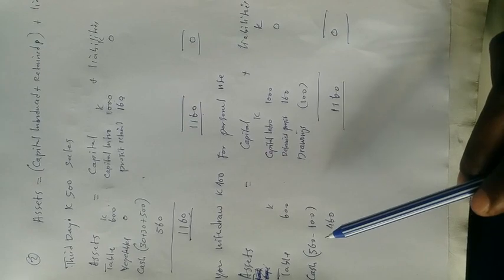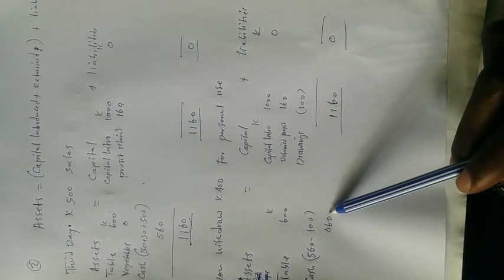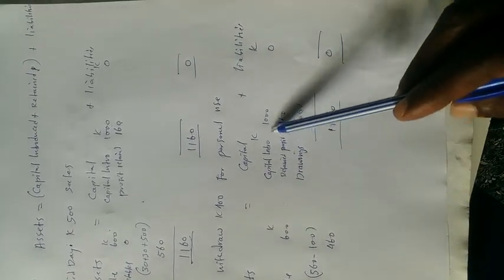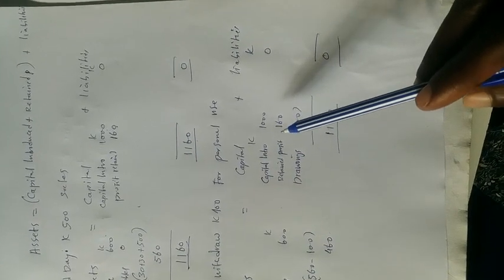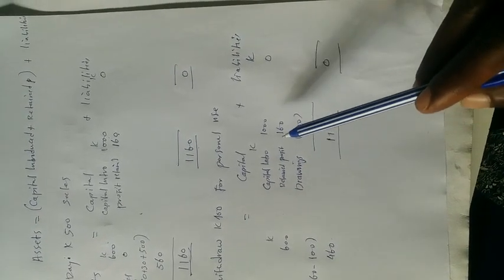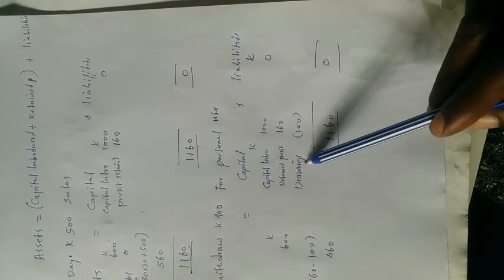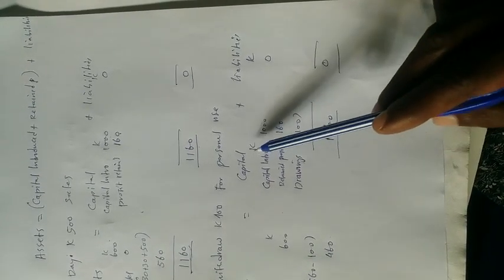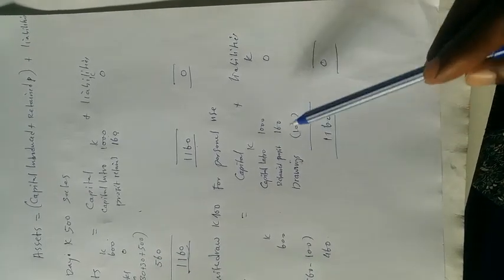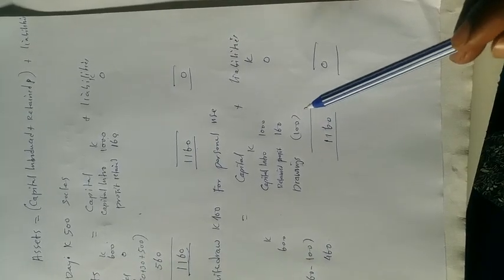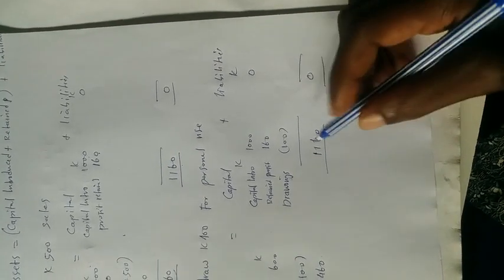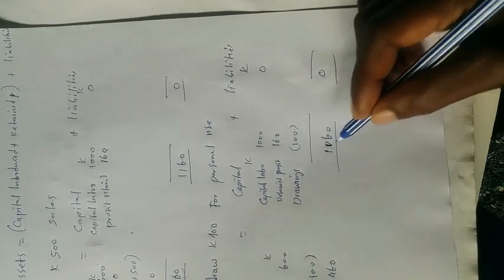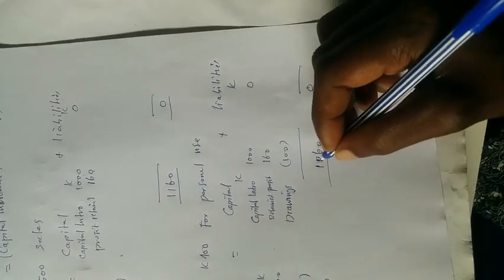So under assets as cash, you have 460 now, and then your capital introduced is 1,000 kwacha. Retained profit, you have 160. The drawings are going to reflect under capital because you are withdrawing 100 kwacha, and then you're going to have the total here as 1,060.